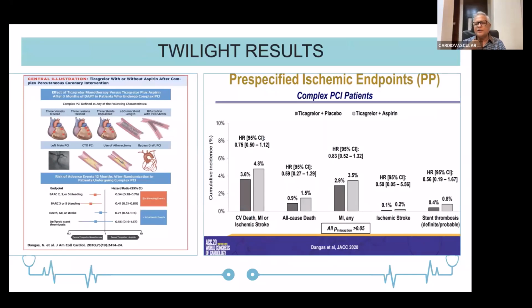And TWILIGHT is a very interesting and very important trial. It says that ticagrelor alone, rather than ticagrelor plus aspirin, in complex PCI, in very complex disease or high ischemic burden, if you go to see, the ticagrelor arm has less cardiovascular death, MI, all-cause death, MI, ischemic stroke, and stent thrombosis.